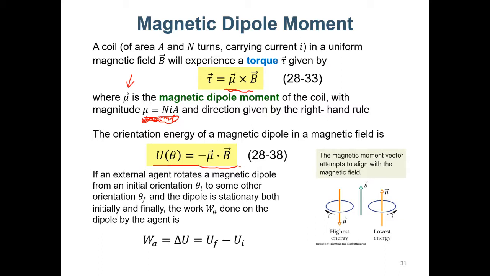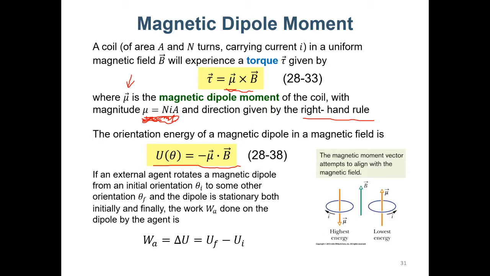And actually, the direction of the magnetic dipole moment follows the right-hand rule. If the current is going counterclockwise, then the dipole moment points downward.